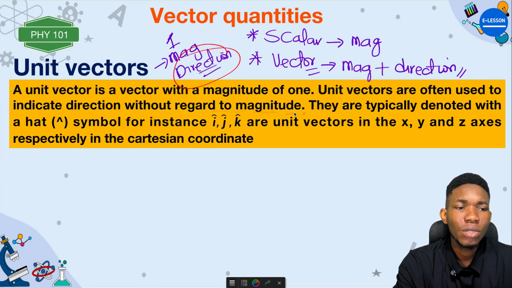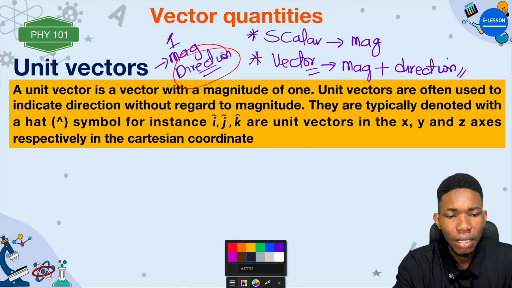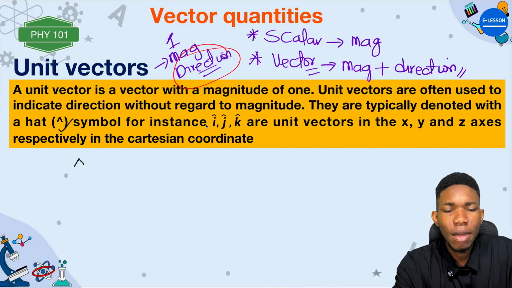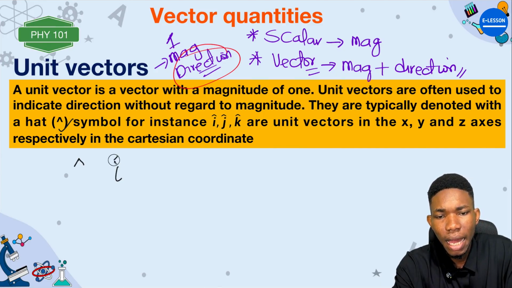They are typically denoted with a hat, something like this. Okay, the unit vectors are typically denoted with a hat, which of course you've seen here. For example, i with a hat, j with a hat, k with a hat.